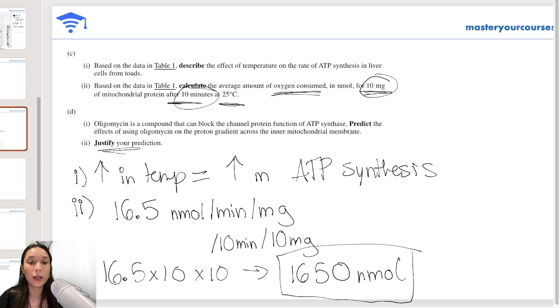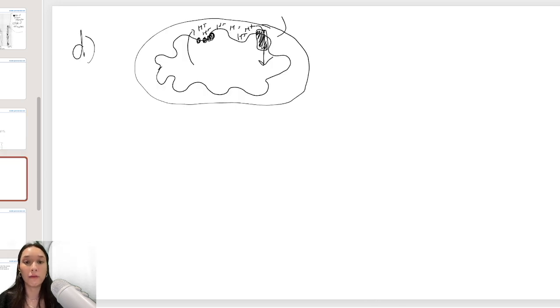However, they're saying that oligomycin is blocking ATP synthase from working. So they're asking you what would happen to the proton gradient if this was not functioning. So this is not functioning because of oligomycin. So if you had oligomycin, you would basically have all the H plus build up in that inner membrane space and it wouldn't be able to come back through. So there's probably a couple different things that you can say for this. I'll put everything that I think is appropriate.